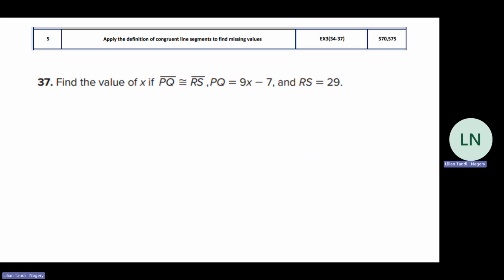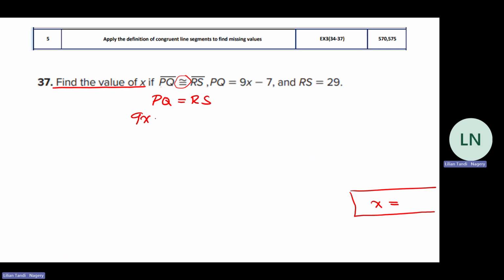Okay. All right. Now, question 37 says, find the value of x. We want the value of x. My answer will be x equals. So what should I do? I prepare my answer, x equals, and I will write it over there. Now, if PQ is congruent to RS, this sign means congruent. This means PQ is equal to RS. Who is PQ?